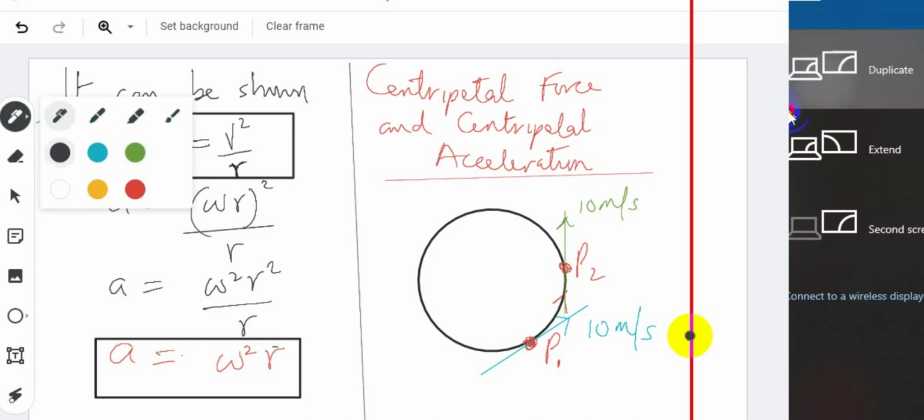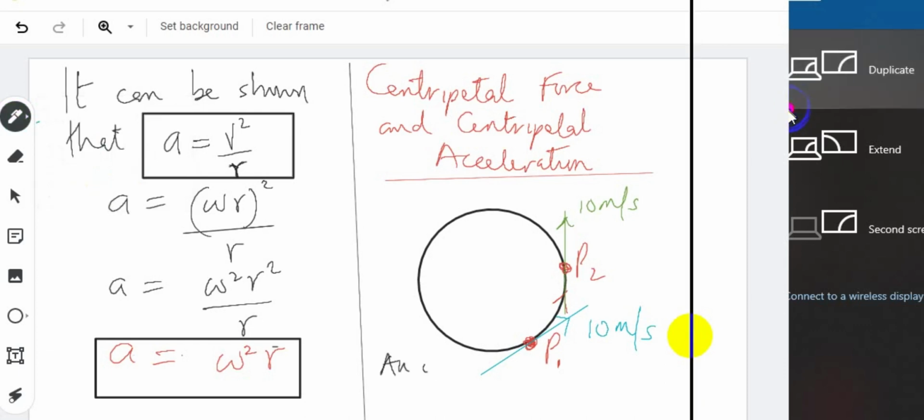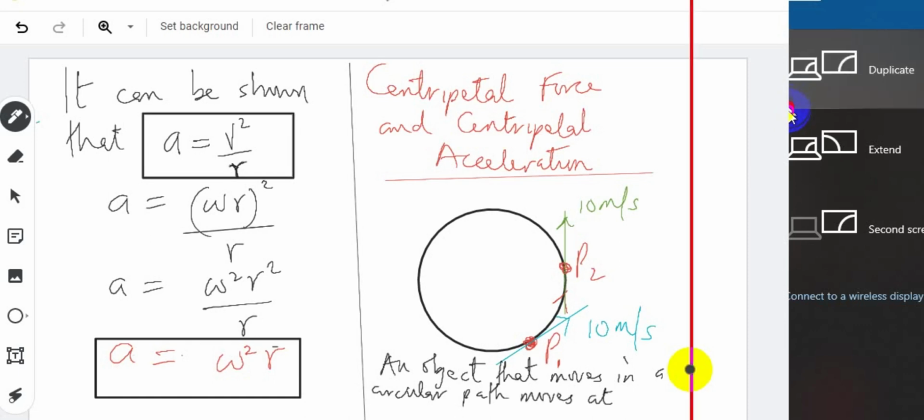So I will just note that an object that moves in a circular path moves at a constantly changing velocity.